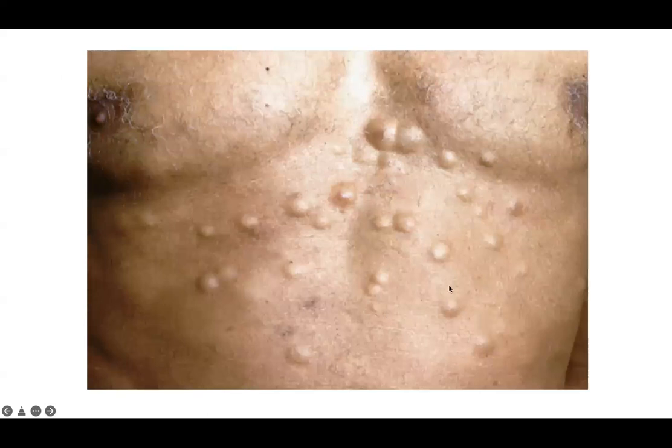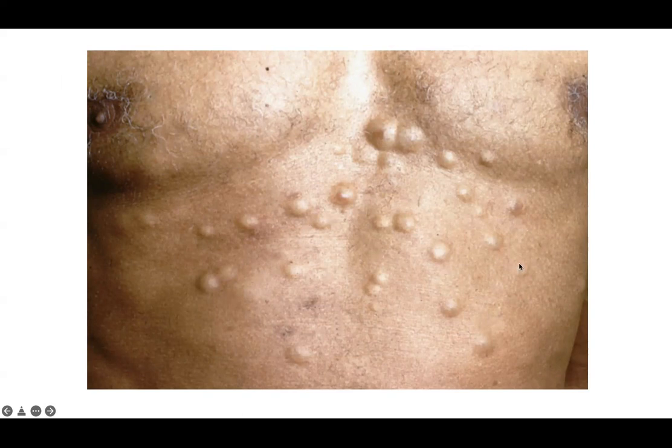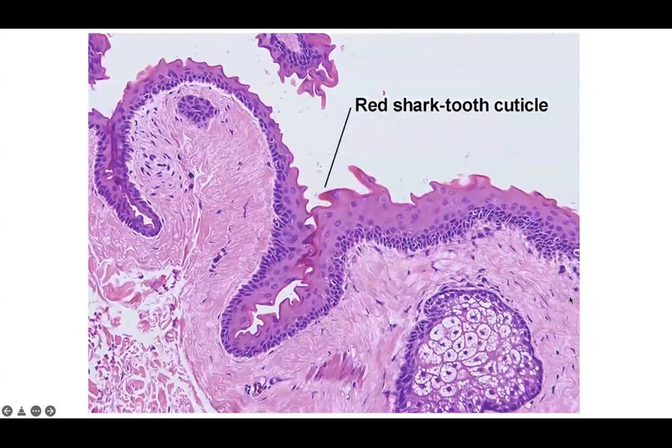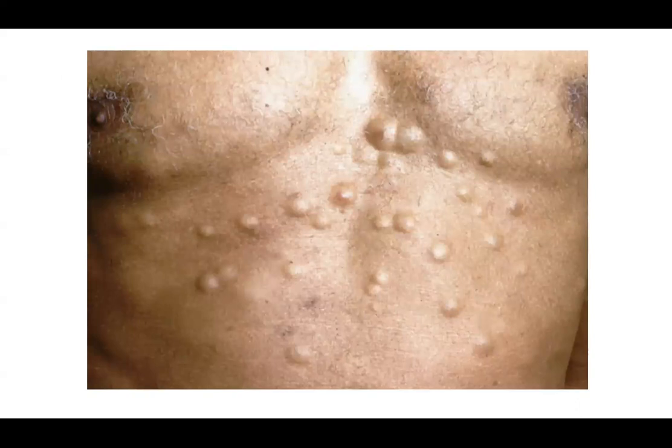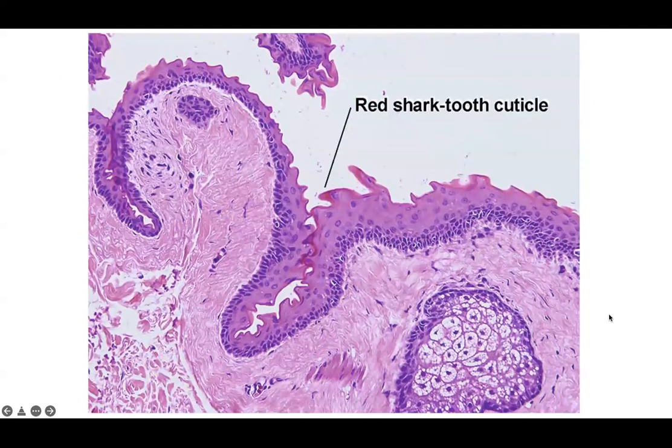So here you see multiple, in this case on the chest, well-circumscribed cyst-like structures, little skin-colored papules, or even some of them big enough to be called nodules here. But the key on histology is this red shark tooth crenulated cuticle. And this is very characteristic of a steatocystoma.